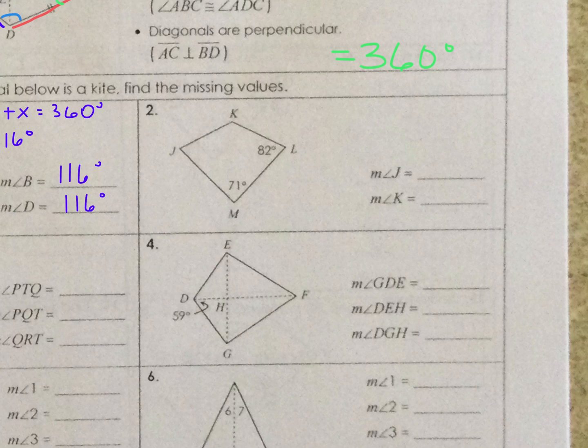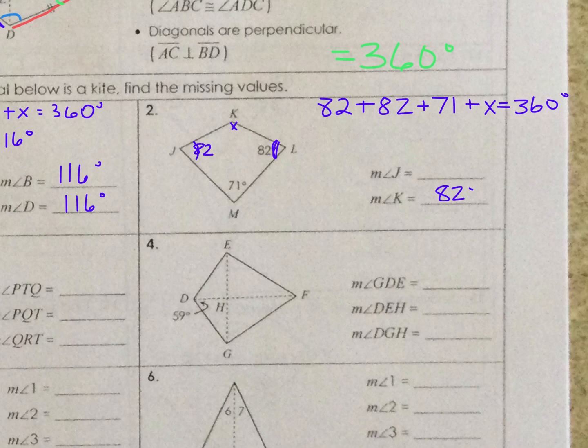So what I do know is that K and L are the same. Sorry, J and L. So if L is 82, K is 82. And now I'm going to do that same thing, a part, 82, plus a part, 82, plus 71, plus my other corner's x, equals 360 degrees.